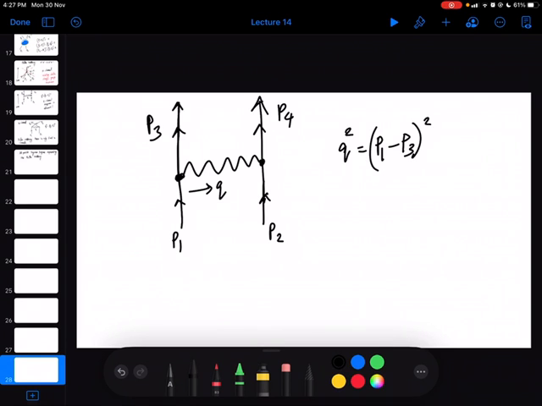So Q squared is equal to (P1 minus P3) squared, which is also equivalent to (P2 minus P4) squared, just from energy-momentum conservation.